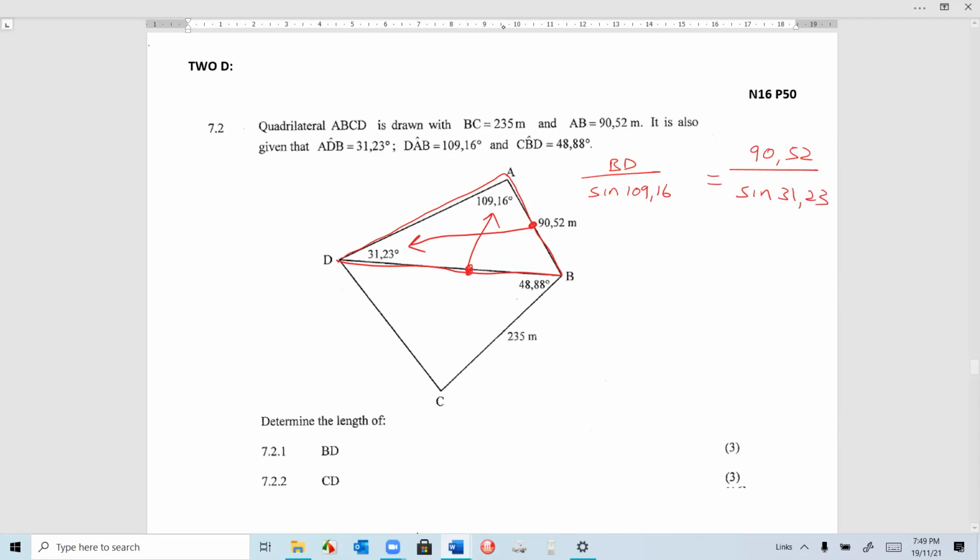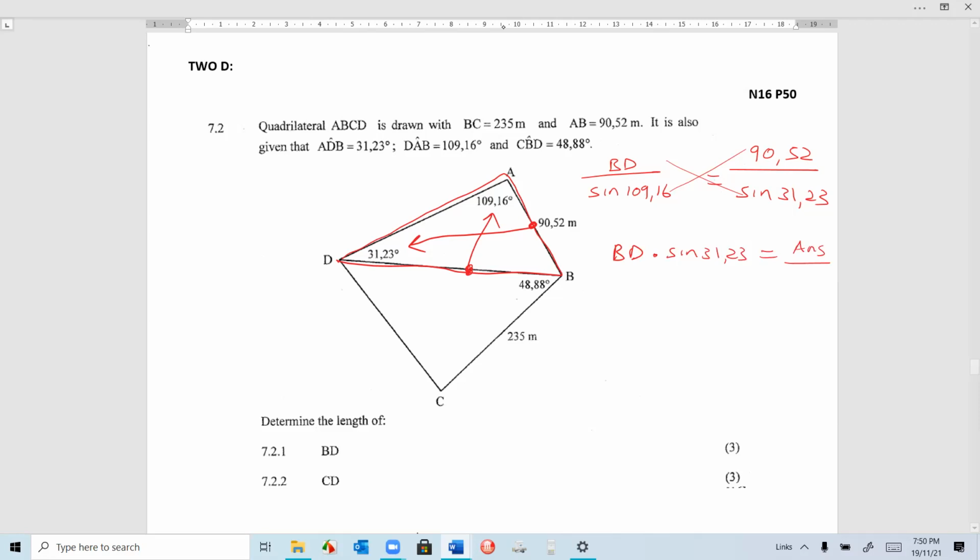Now we can cross multiply: BD times sine 31.23 has to be equal to 90.52 times sine of 109.16. Whatever your answer is, keep it on your calculator.